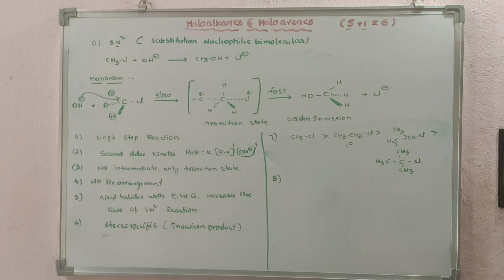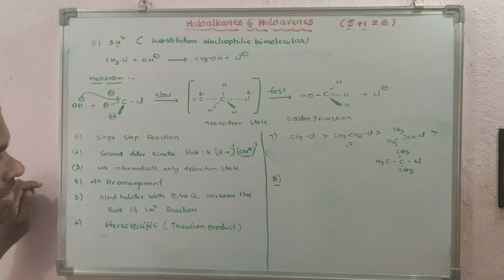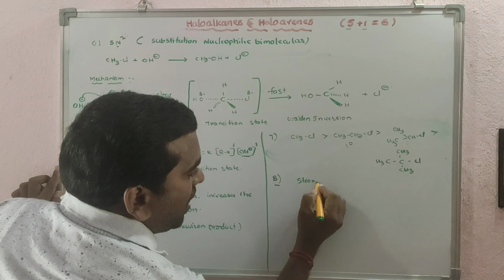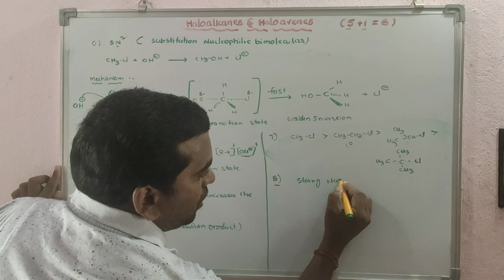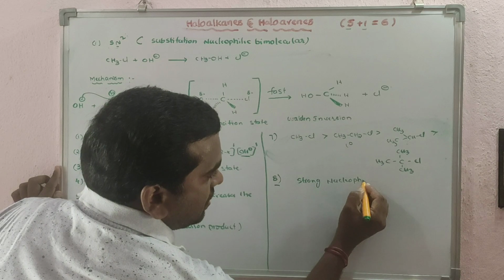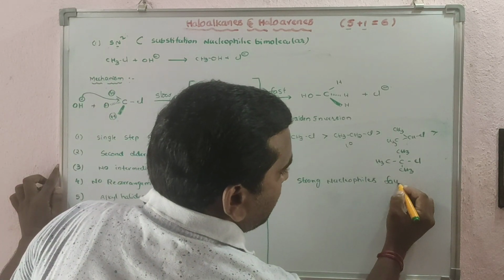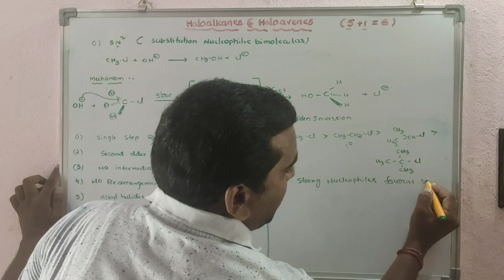Next one. What is the second factor? The nucleophile also. The rate of reaction depends on the nucleophile. Clear? So strong nucleophiles favor the SN2 reaction.